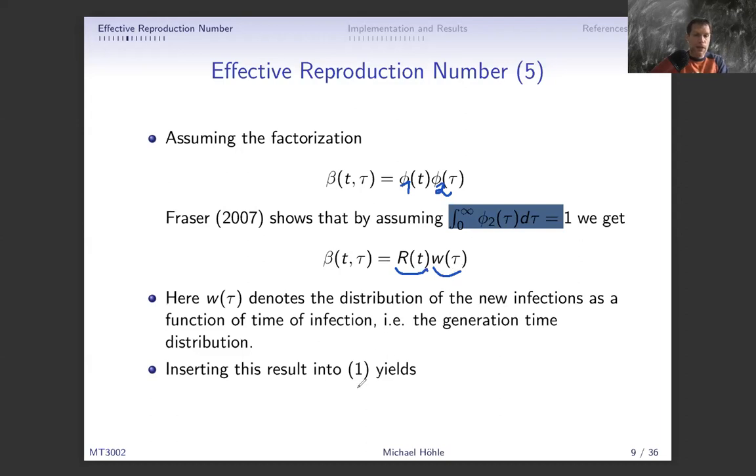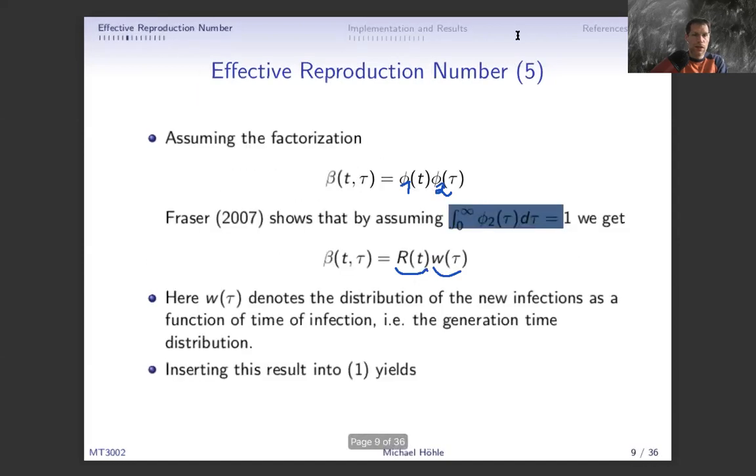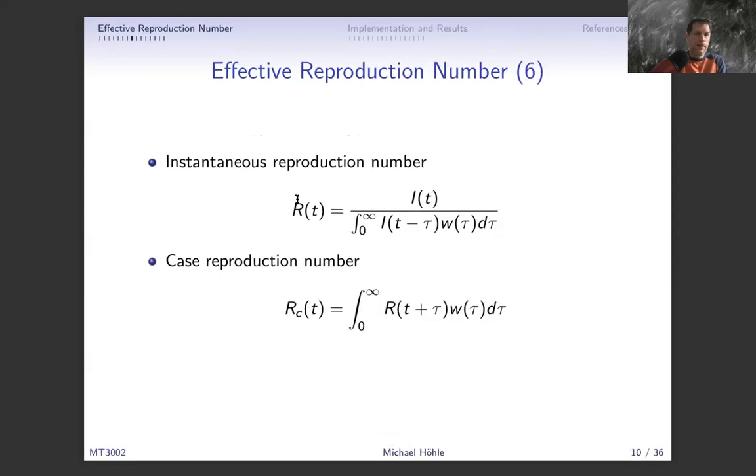And then he takes this result and inserts it into the equation we just had. Then he gets an equation for the instantaneous reproduction number, which is simply like this. It is derived from the part before.